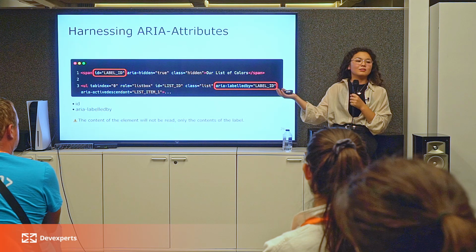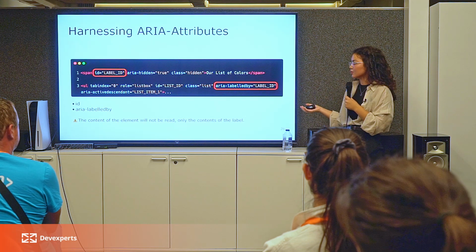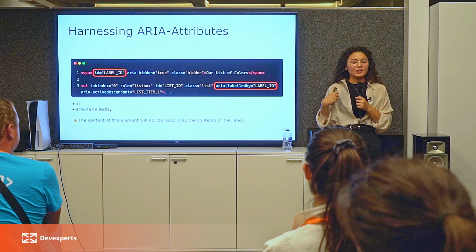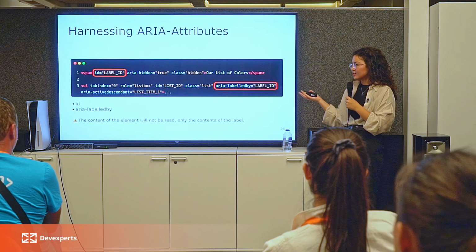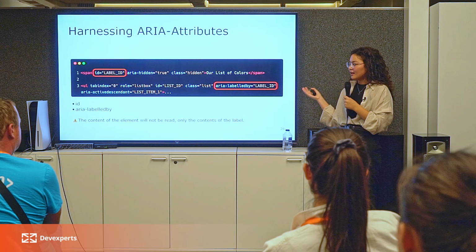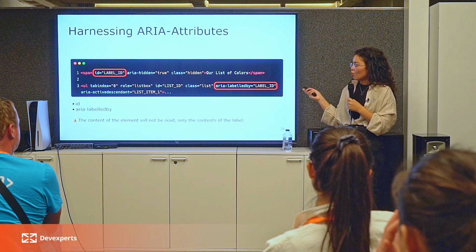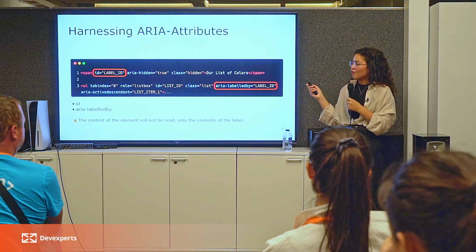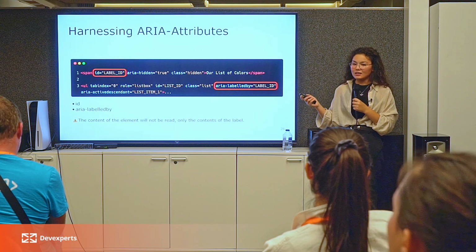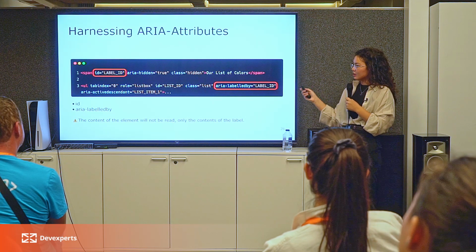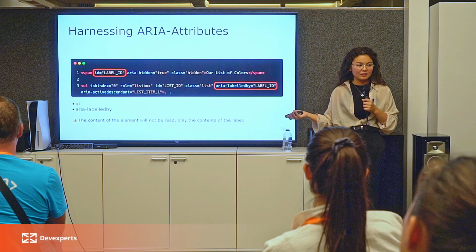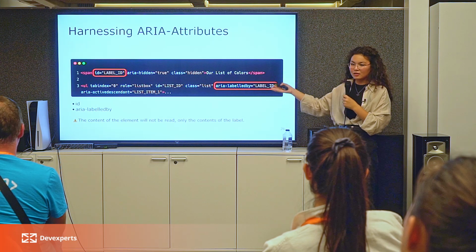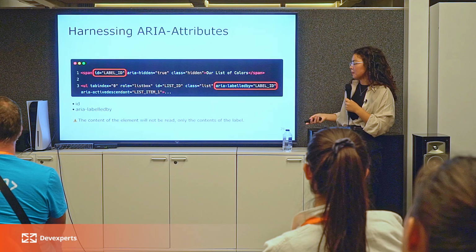ID is not unique to ARIA, of course, but it's very often used in conjunction with ARIA attributes to relate one element to another, as in our case. So whenever the screen reader focuses on our list, it will read "list of colors, list", instead of just saying "list". So we can actually put anything there and describe our list.